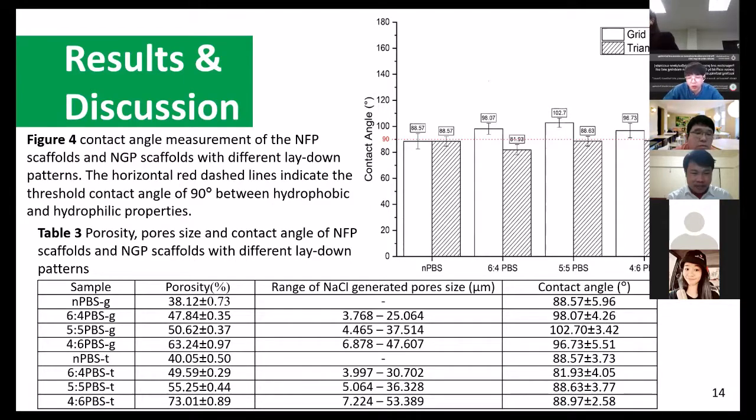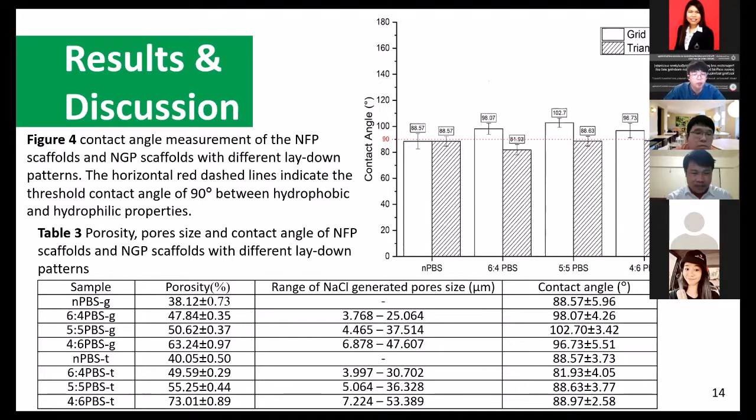The gravity force was promoting the adhesive force that competes with the cohesive force. Thus, the competition between these forces was more inclined toward the adhesive force, resulting in a decrease of hydrophobicity for the triangle patterns.